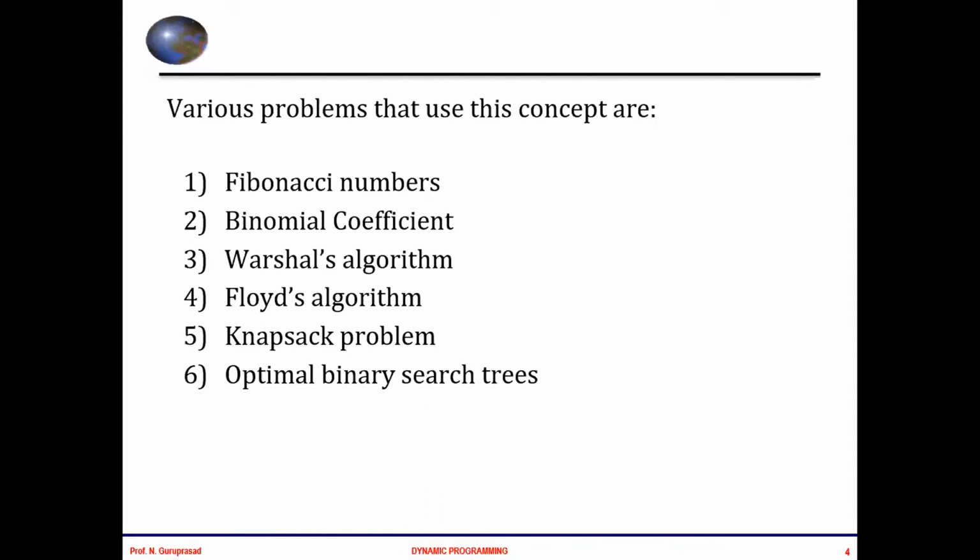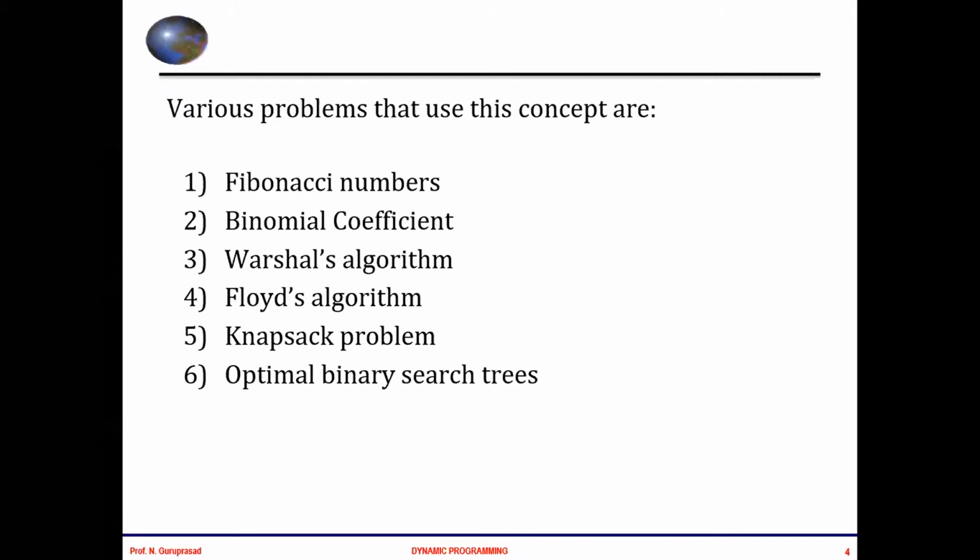But let me also tell you that the word dynamic programming is basically a design technique. So as a computer science student, please be careful that the word programming in dynamic programming is not actually related to any computer programming. So do not be under the impression that we have studied C, C++ or Java or Python or whatever it is, and there is another programming language called dynamic.